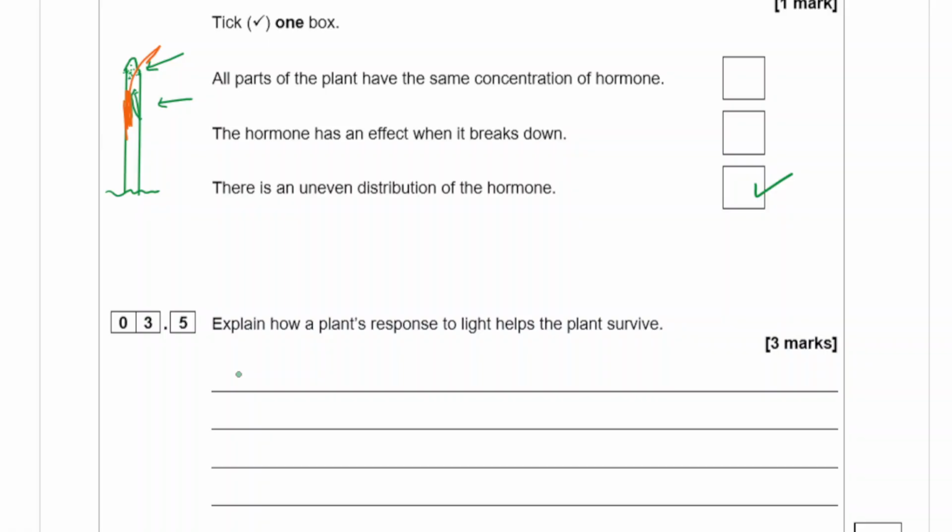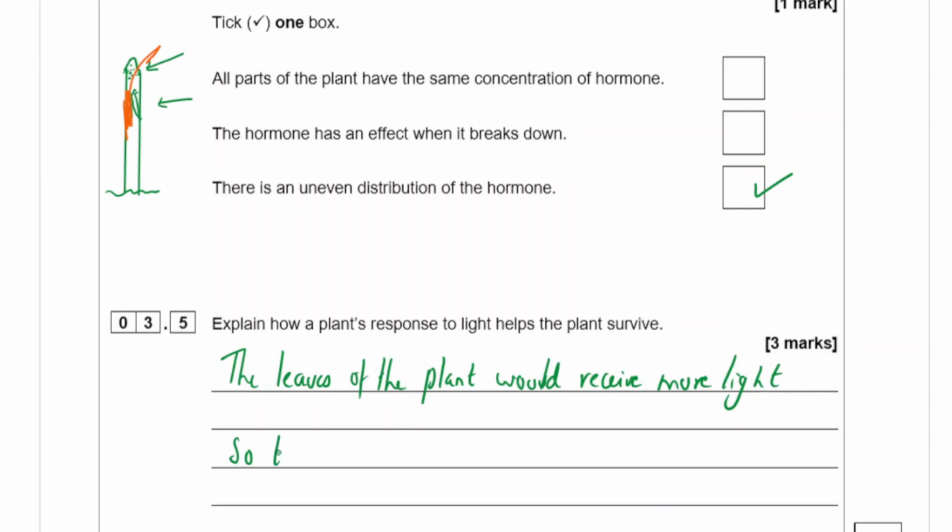So the leaves of the plant would receive more light, right?